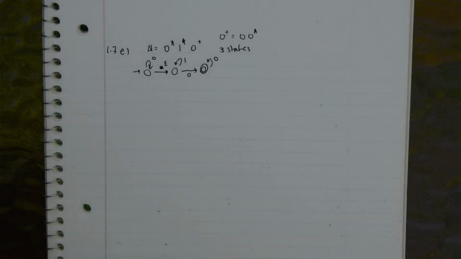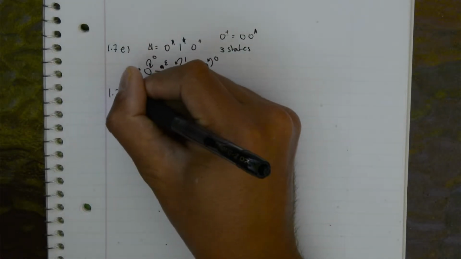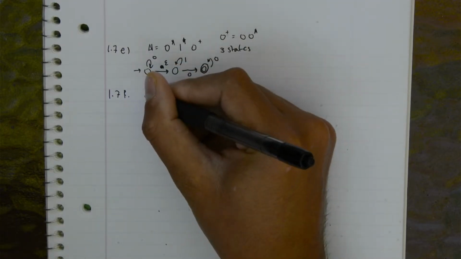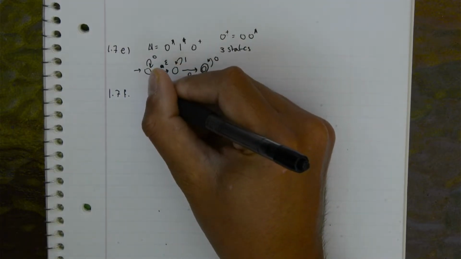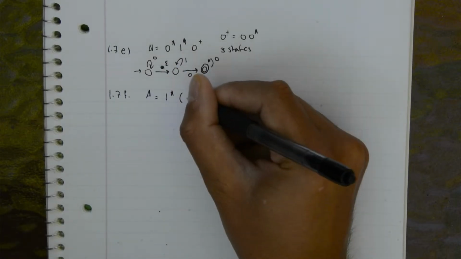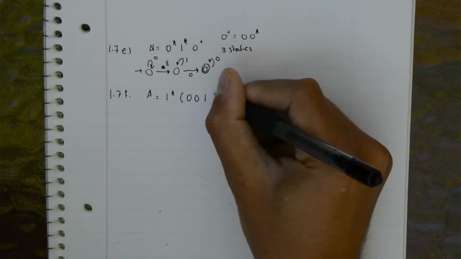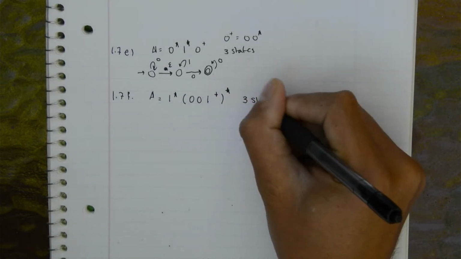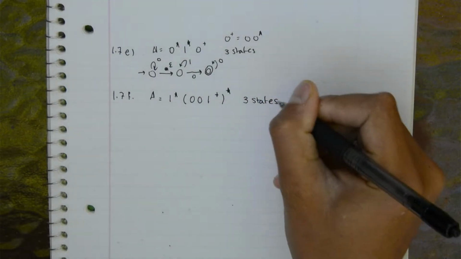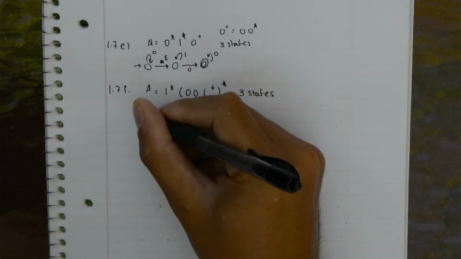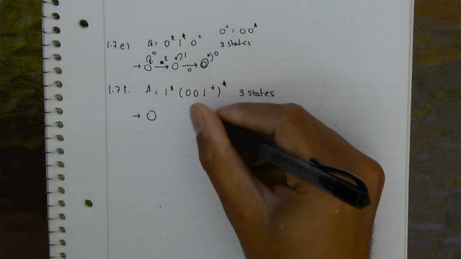We are now on 1.7f. I think I did this one last night. So this is going to be A is equal to 1 star 0, 0, 1 plus star, 3 states. Okay, so the first thing that is immediate is, let's just draw the 3 states.